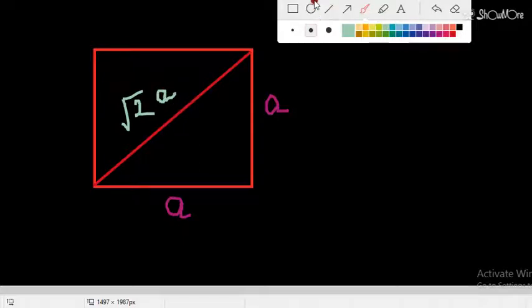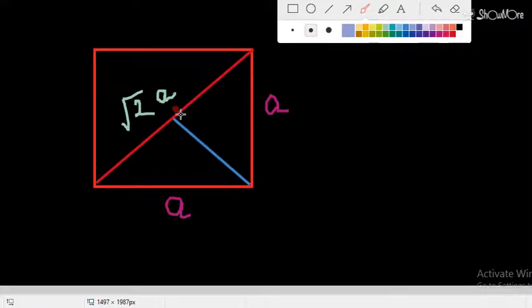Now after that, we have to find which length. We have to find up to this particular point, from here to here, because we are finding the distance between the central point and the corner point.